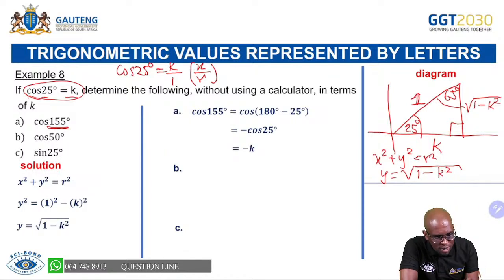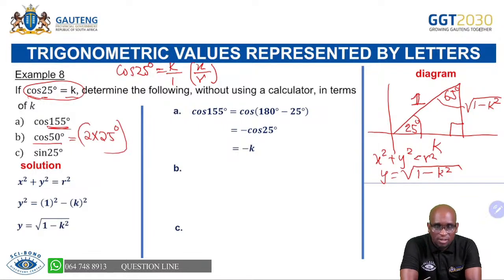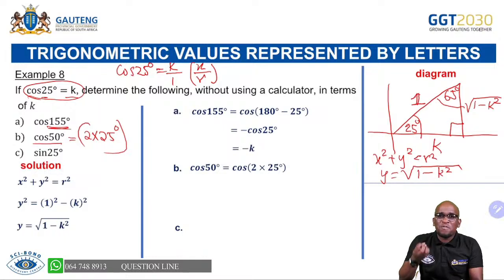It's the first one. The second one is the cosine of 50. You can see that 50 can be written as 2 times 25. So it's a double angle for 25. So we can work it out that way, as cos 50 is cos 2 times 25, and then we can choose from any of the three cosine formulas for the double angles.